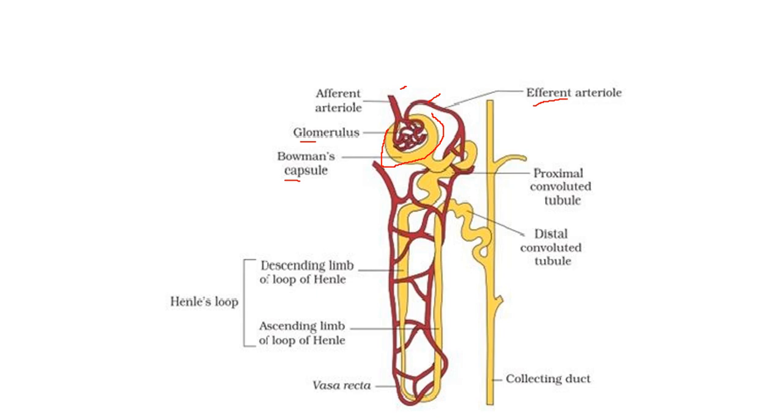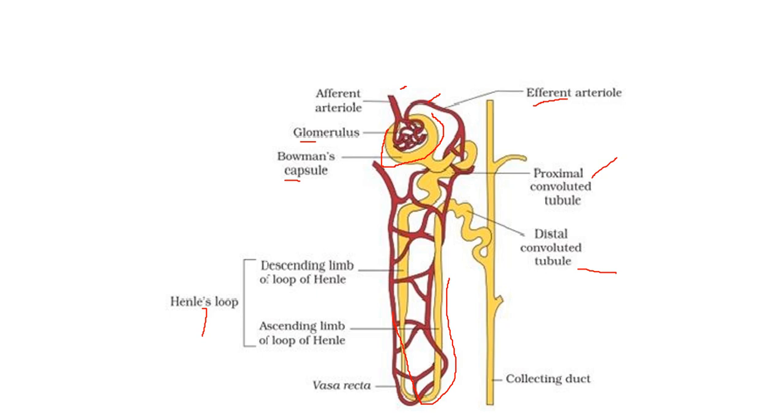The second part is the renal tubule. In the renal tubule you have three parts: the proximal convoluted tubule, loop of Henle and distal convoluted tubule. Bowman's capsule further leads into the proximal convoluted tubule, which again gives rise to a U-shaped structure called the loop of Henle.